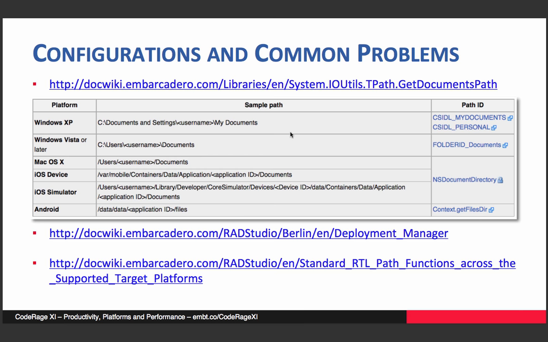So if you are in Windows, you are going to use a common path in Windows, like C, documents and settings or something like that. But when you go to mobile systems, especially iOS and Android, you have specific folders or places where you can put your database. Normally, there are folders inside the package of your application.